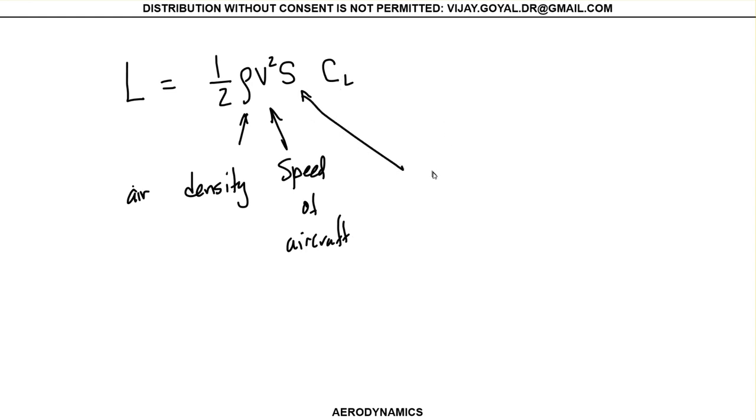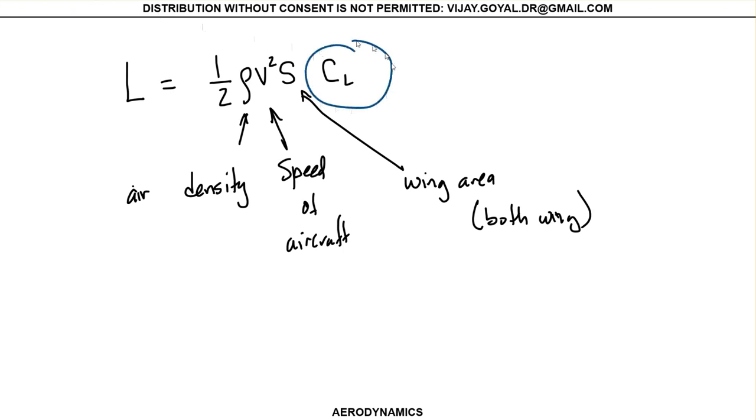This is the wing area. This is both wings, not one. And so therefore, this is what we call the coefficient of lift.